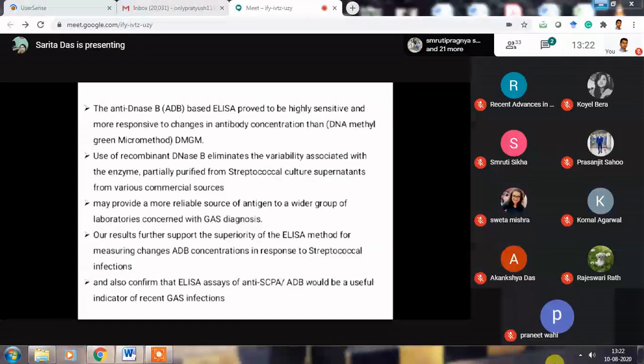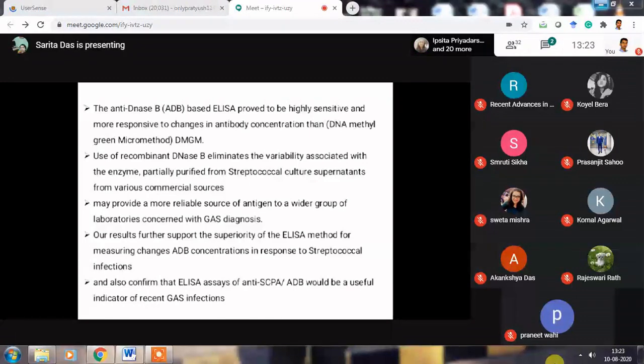Anti-DNase B-based ELISA proved to be very sensitive and responsive to changes. We saw that in the two sequential serial bleed samples of two patients, which is much more responsive to changes in comparison to the conventional micro method.